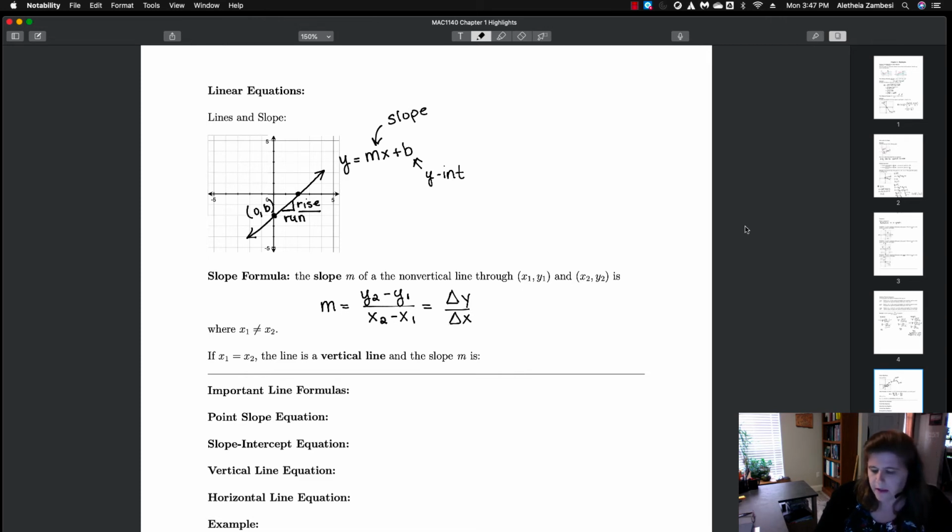And what those deltas mean are the change in. So we have the change in the height, delta y, over the change in the run, delta x. It's important to note that x1 cannot equal x2 here. If you have x1 equal to x2, you end up with 0 on the bottom. Cannot divide by 0. So this is a vertical line, and anytime you have a vertical line, the slope is undefined.